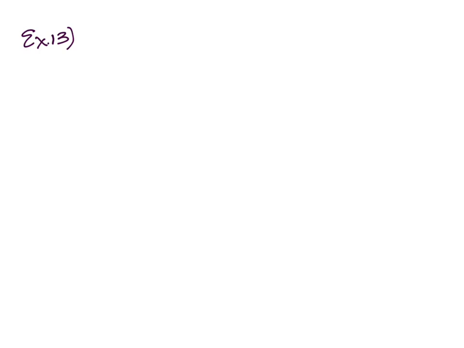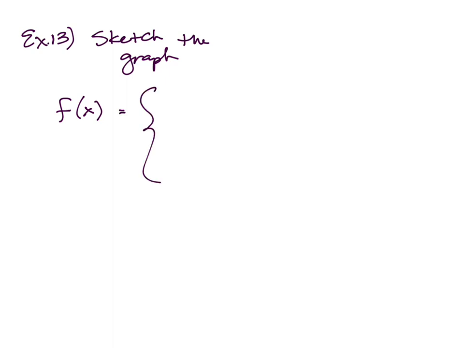Example 13. It says sketch the graph. It wants us to draw a pretty picture. And our function for example 13 says f of x equals, and we've got 3 functions here. F of x equals x squared if x is less than or equal to 1.